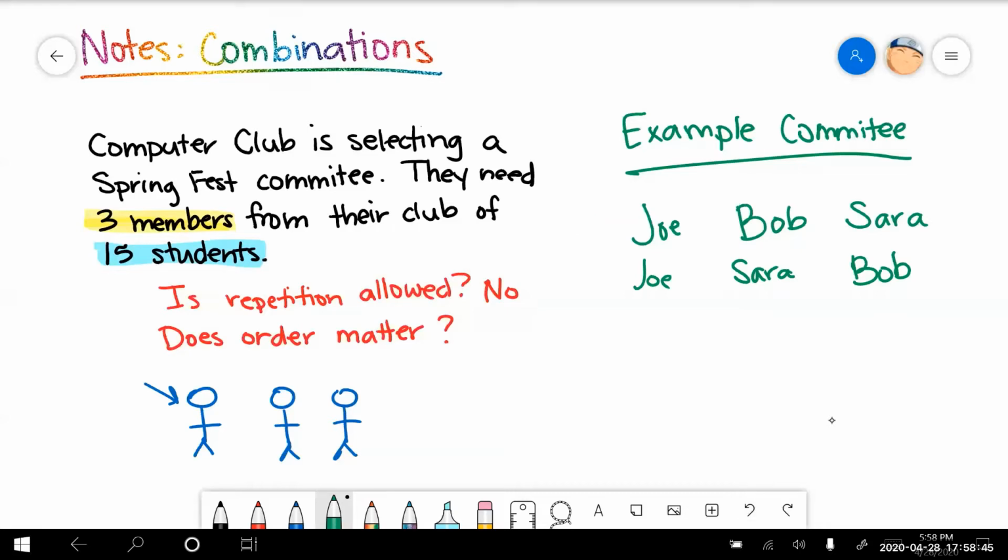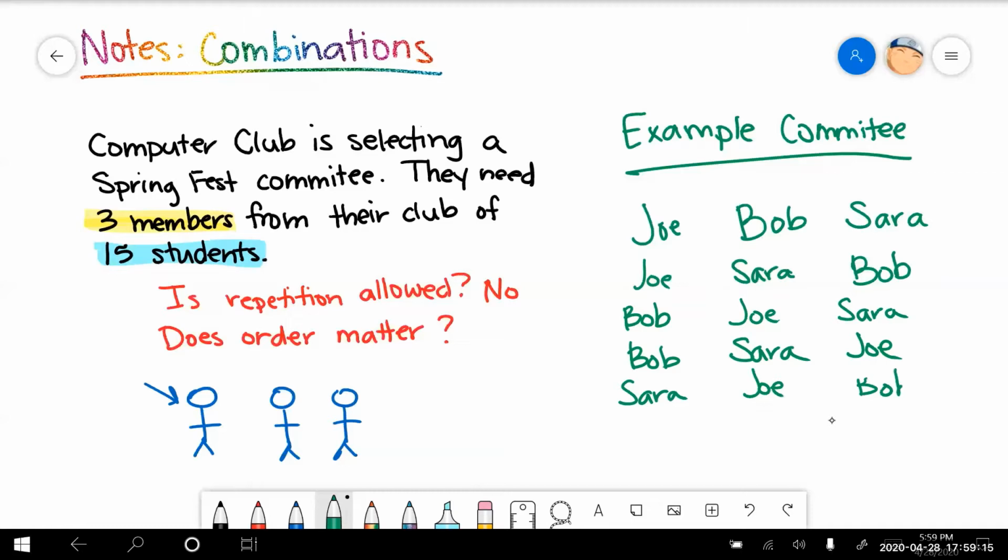We could also have this scenario, and you guys kind of did this with the horse racing scenario the first time, when you were trying to pick your winners. Maybe Bob's name gets pulled out of the hat first, and so we've got Bob, and then Joe, and then Sarah. And with Bob being first, maybe instead Sarah comes next and then Joe. And then of course there's the possibility that Sarah is selected first, followed by Joe and Bob.